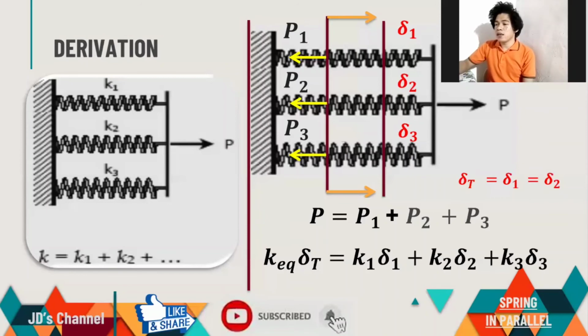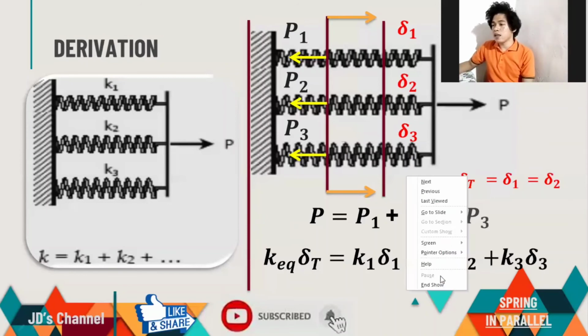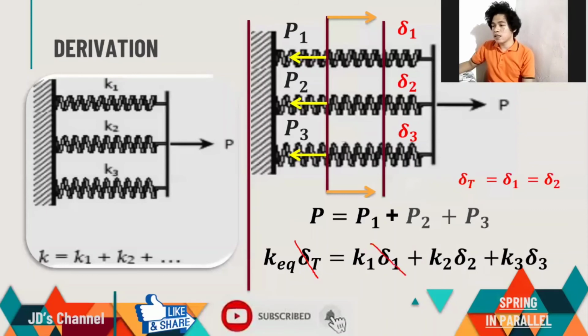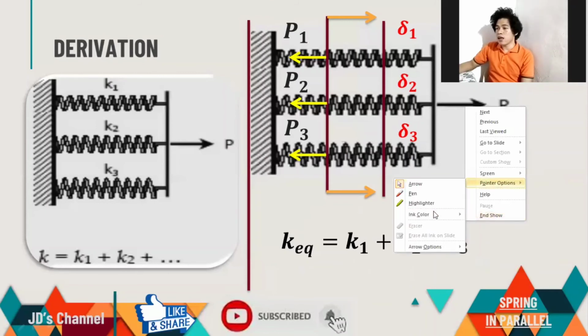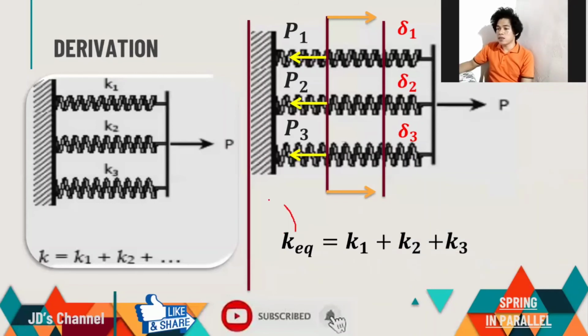So, mean to say, we can cancel this, since they are all the same anyway, to make our computation easier. So, it will result to K equivalent is equal to K1 plus K2 plus K3, which looks familiar.